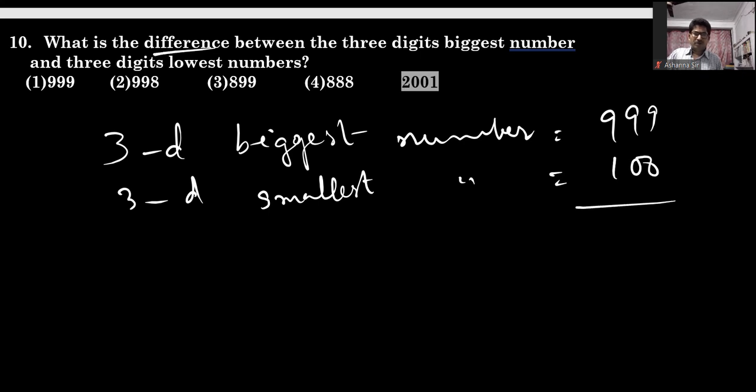So difference means subtraction. 899. Option 3.